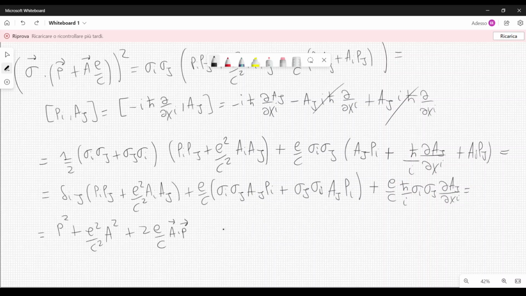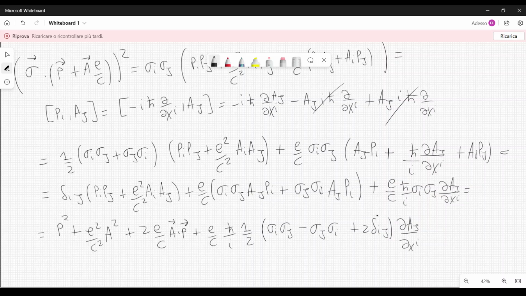And finally, I have the last expression here. I have plus e over c h bar over i, and I'm going to rewrite it as 1/2. And here I will rewrite sigma i sigma j as sigma i sigma j minus sigma j sigma i plus twice delta ij times daj dxi.